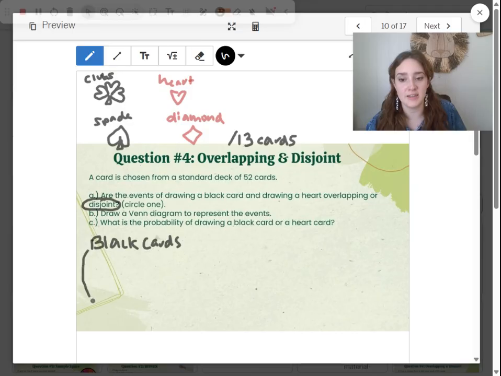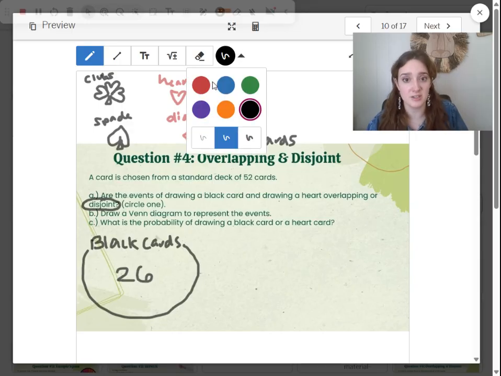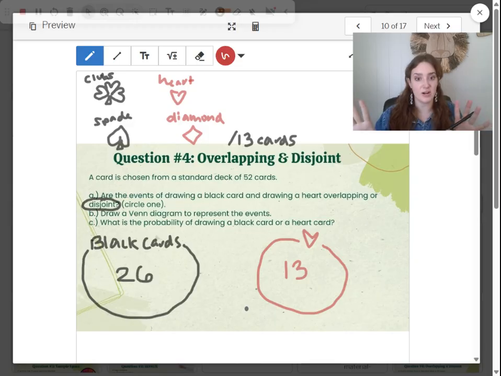Black cards. Out of 13, so 13 times 2, there are 26 black cards. And then for hearts, there are 13 hearts. So this is our Venn diagram showing what's happening here. We've got our black cards, and then we've got the hearts.